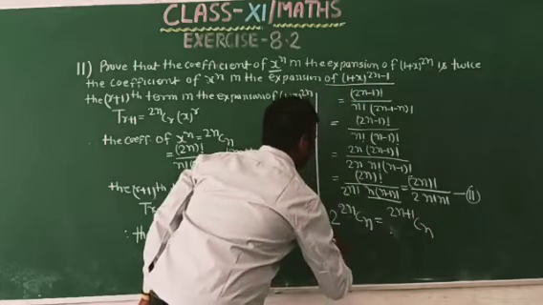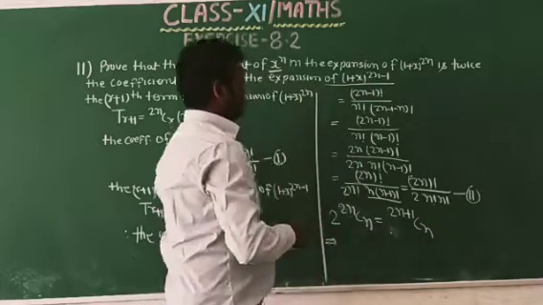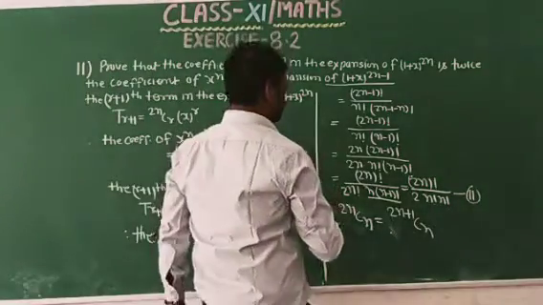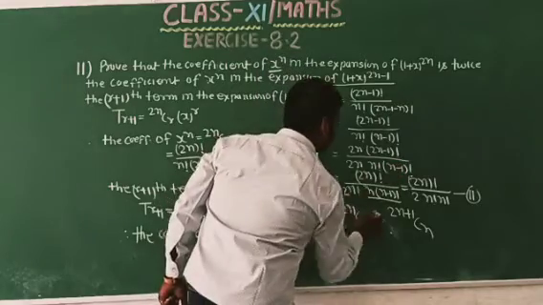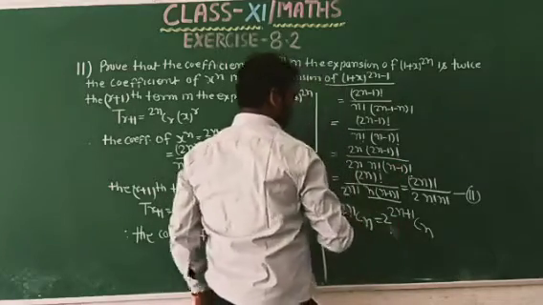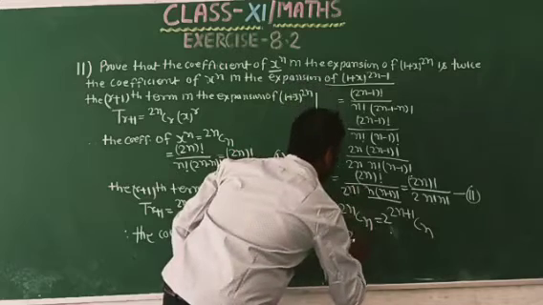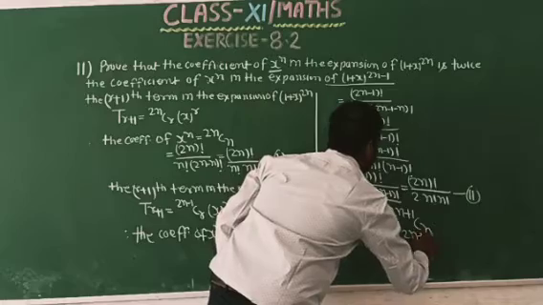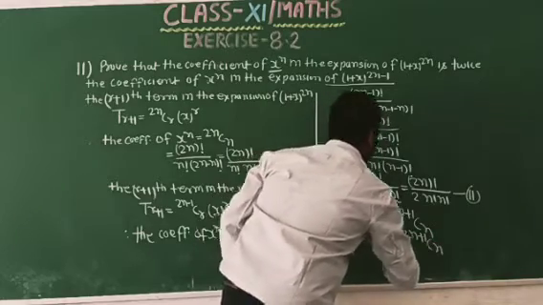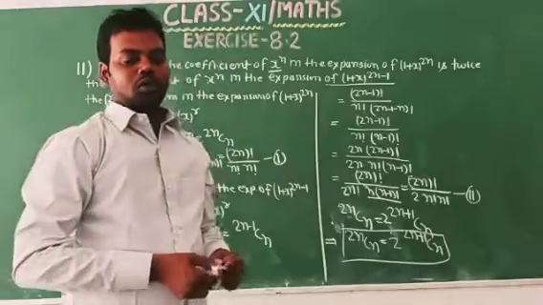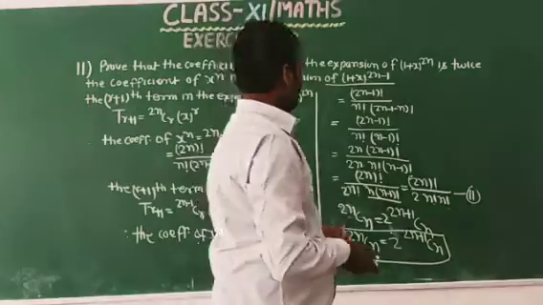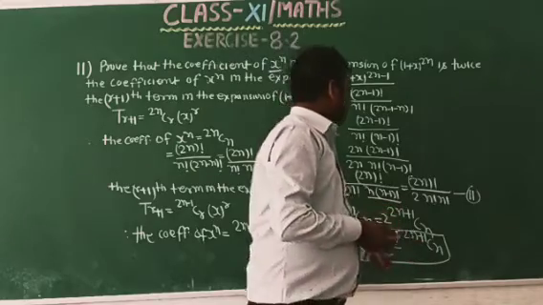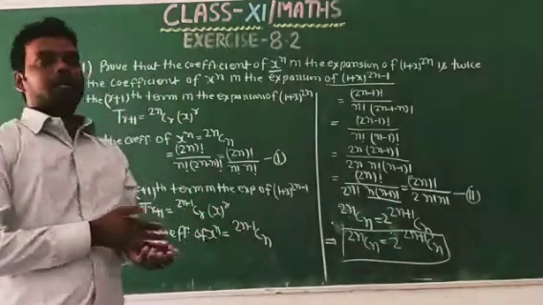So 2n C n equal to 2 times 2n minus 1 C n. So this is what we had to prove. Okay. So this is the solution of question number 11.